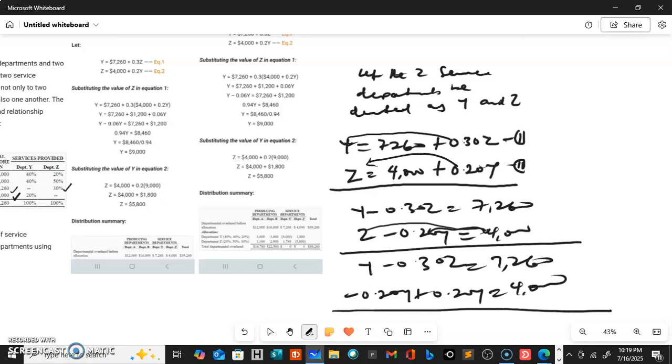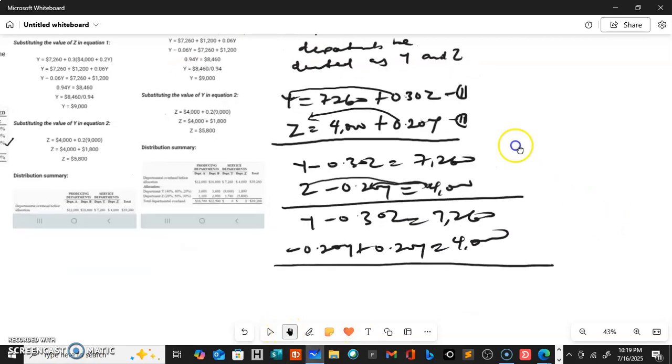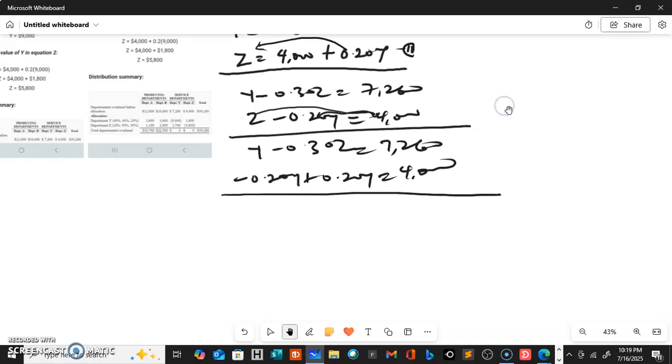So we have rearranged this. Let me drag this up a bit so we can solve it. We can call this equation 3 and equation 4.